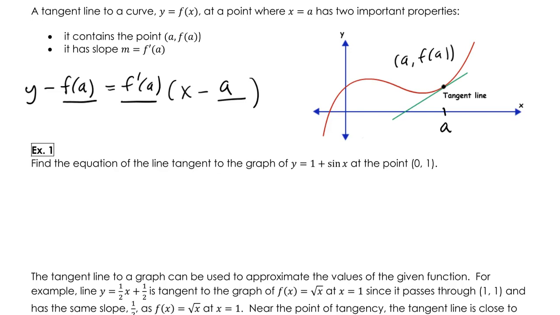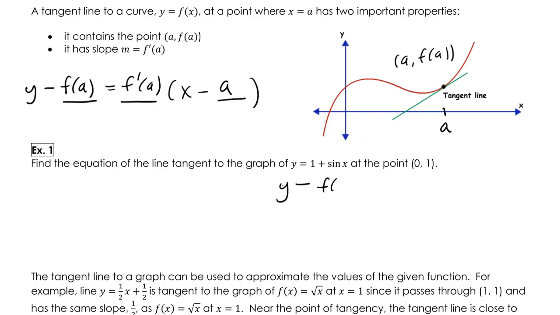Okay, so we have this problem right here, and it's asking us to find the equation of the line tangent to the graph. What that means is at (0, 1) is where it's touching. So how about we start making our answer? We can say y minus the output, if the input is 0, the output is f of 0.